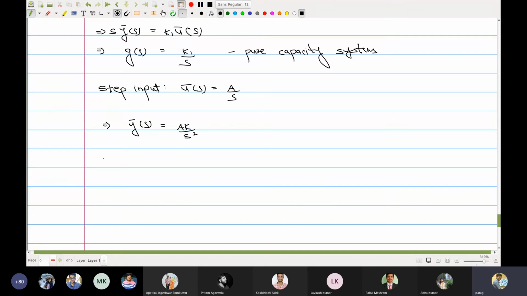And I can write that y of t is simply equal to A k1 t, as I know this is the inverse Laplace transform. So now what is interesting in this particular case? Let me draw and show you. So your input function is this.